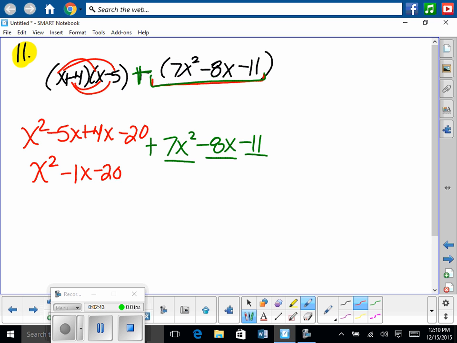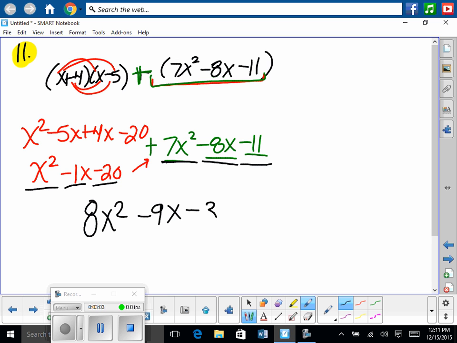And then we would have added this 7x squared minus 8x minus 11. So once again, starting from here, we have 1x squared plus 7x squared is 8x squared. Negative 1x minus 8x is minus 9x. And then we have negative 20 minus 11, which is minus 31. So I just wrote down the original problem wrong, and this would be our final answer.